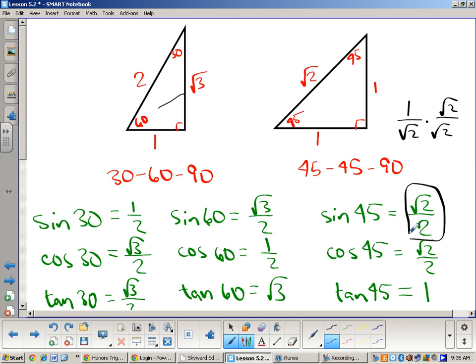Positives and negatives, we're going to do a lot of work on that using the unit circle, and we'll discuss that way more tomorrow. But this is the foundation for that. We have to understand what 30 is, what 60 is, and what 45 is in order to use these facts to find other angles. Okay?